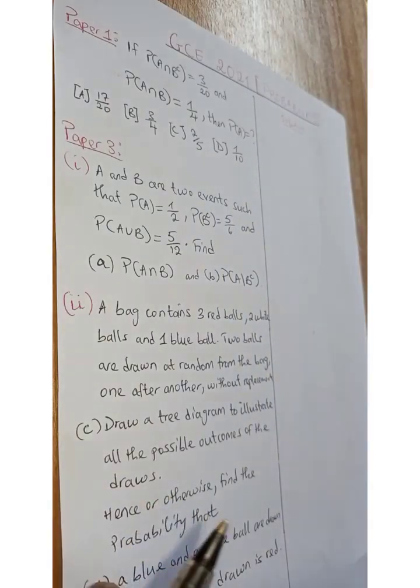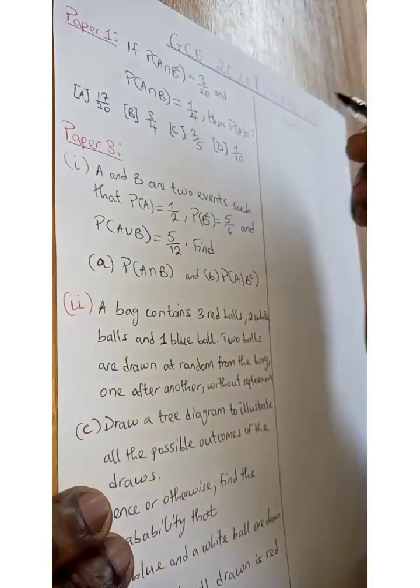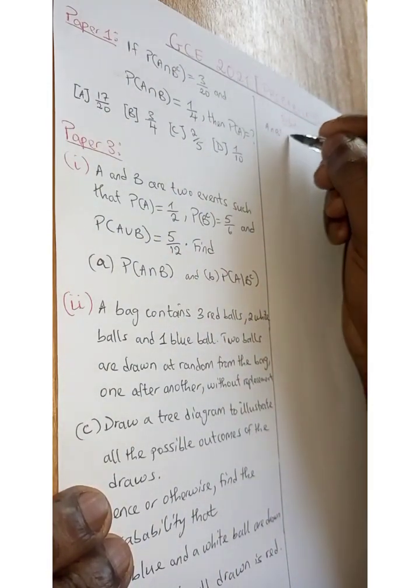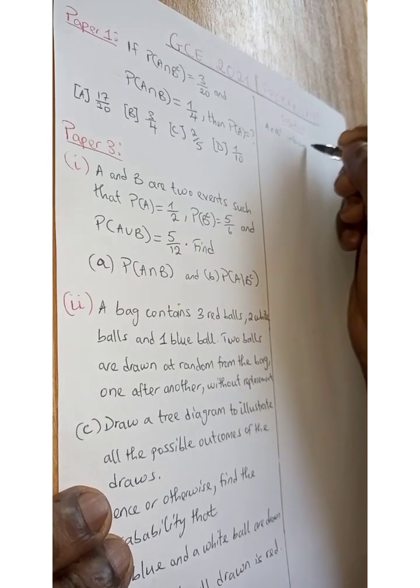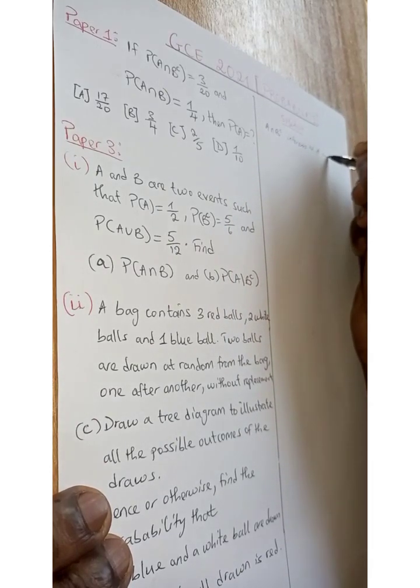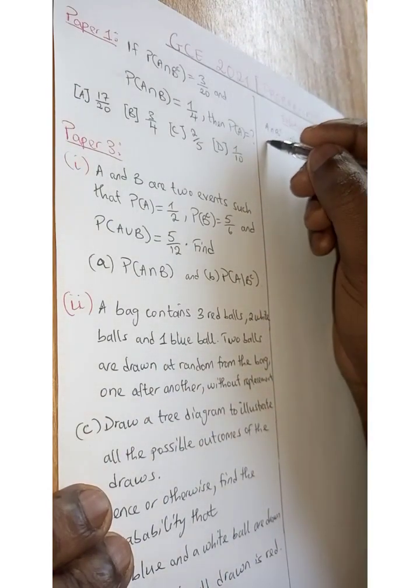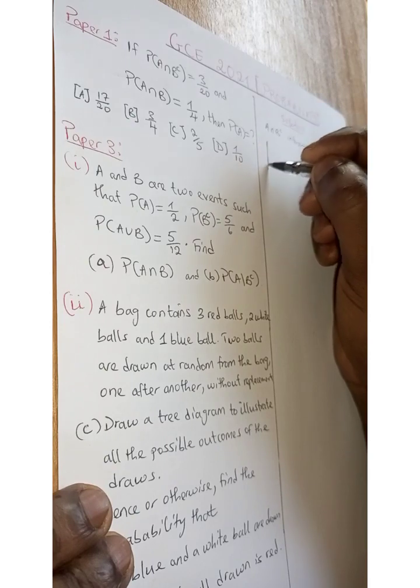To solve this problem, I am going to first of all express A intersection B complement in terms of A and A intersection B using the Venn diagram representation of those two sets.